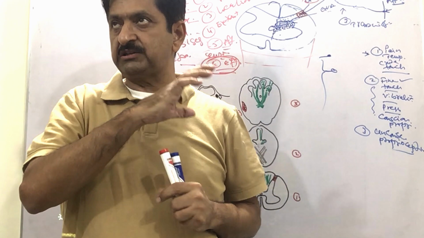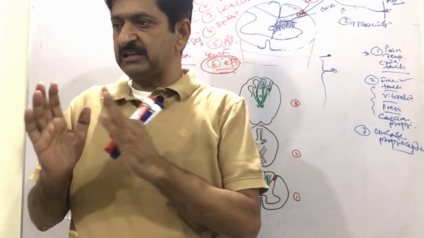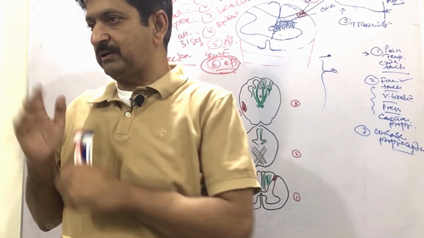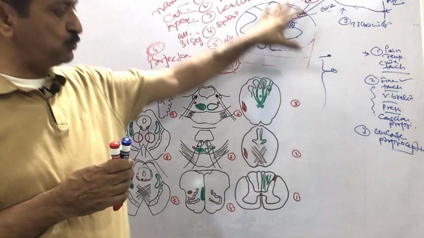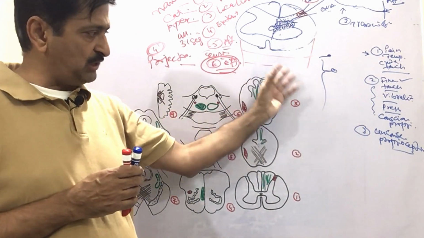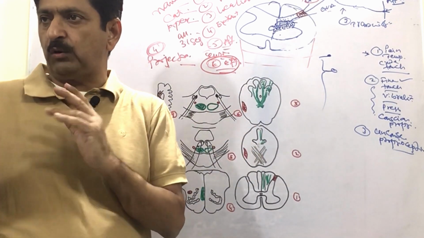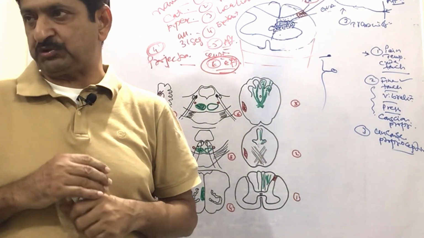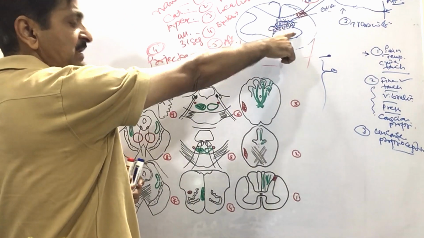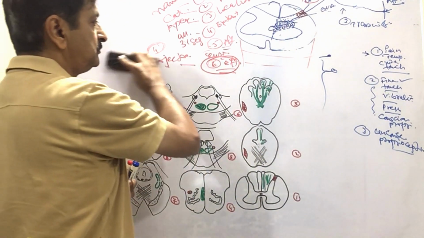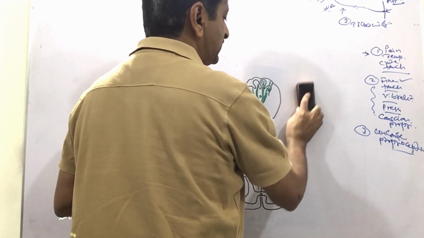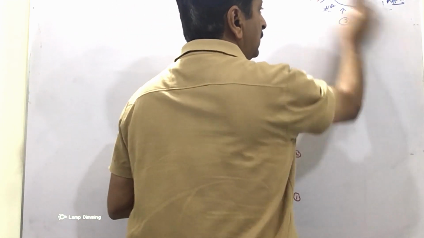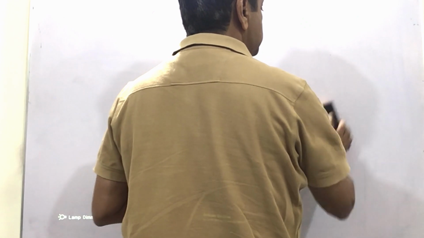Watch how it looks in different places and how this tract is projected. Now if it has gone through this, which tract are you generating here? The spinothalamic tract, carrying which type of sensory modalities?